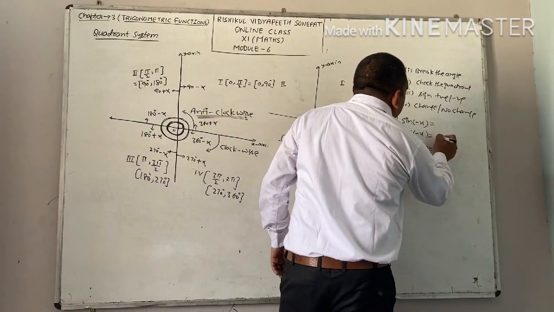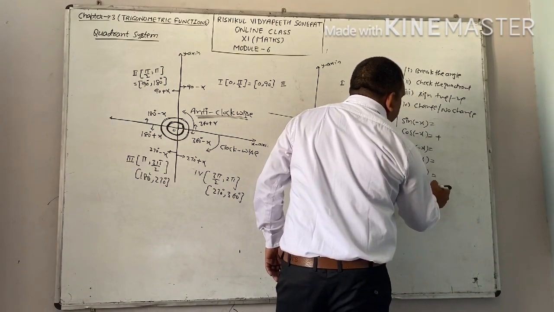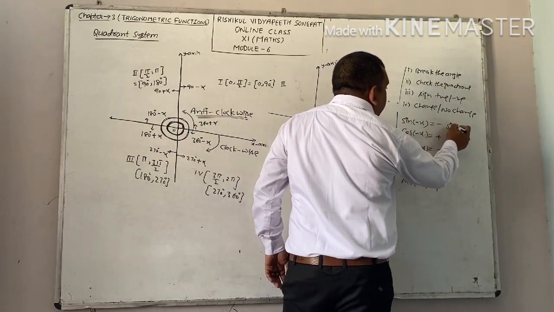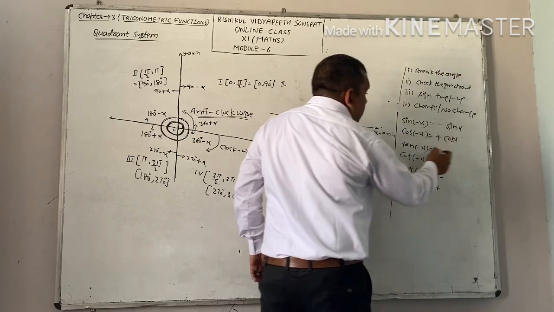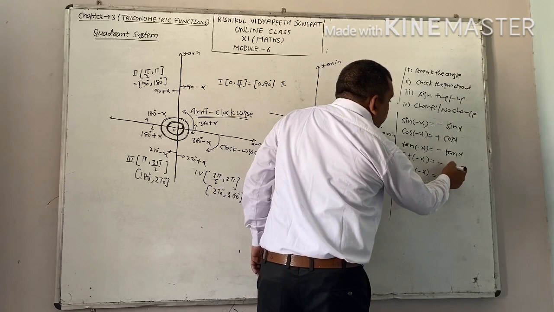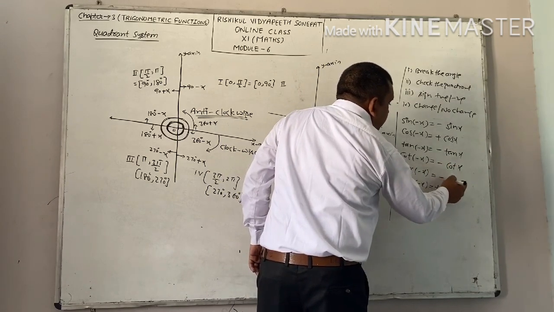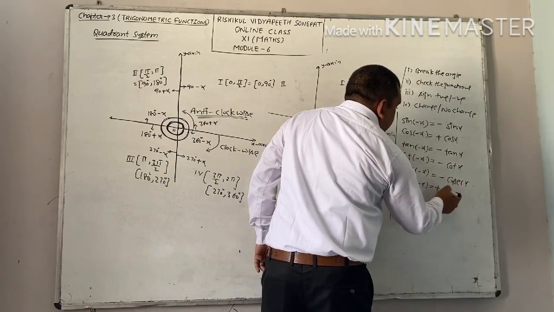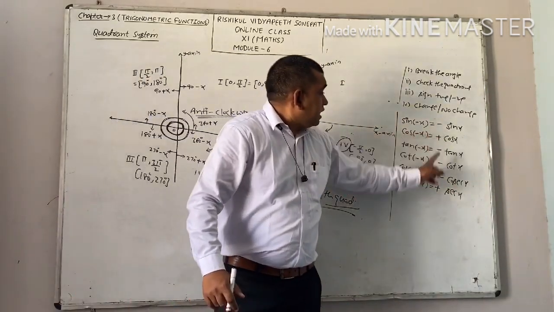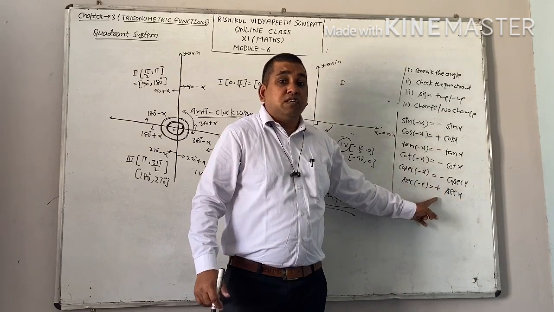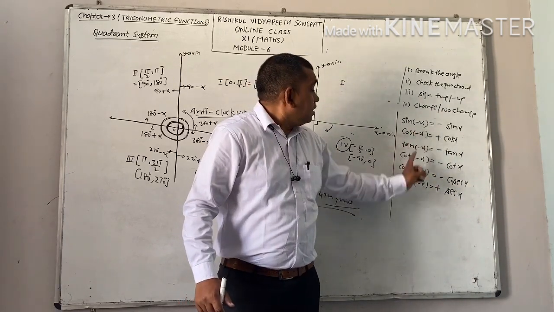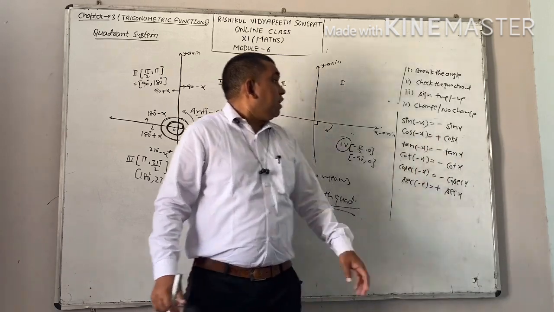That's why these two will have positive value, remaining will have negative value. That's why sin minus x is minus sin x, cos minus x is plus cos x, tangent minus x is minus tangent x, cot minus x is minus cot x, cosecant minus x is minus cosecant x, secant minus x is plus secant x. In cos and secant you will have only positive, because negative angle means fourth quadrant, and in fourth cos and secant are positive, remaining are negative.